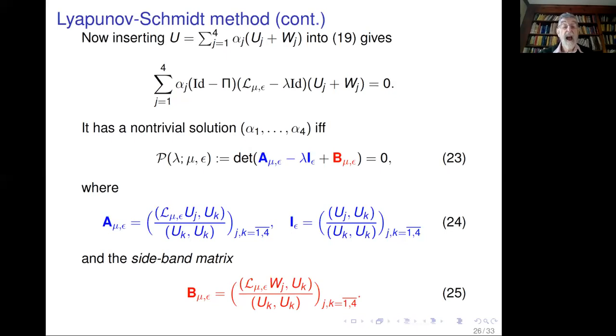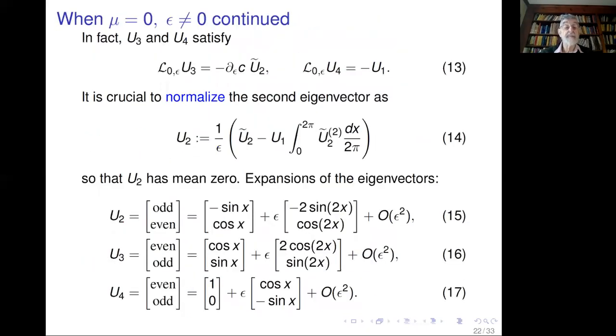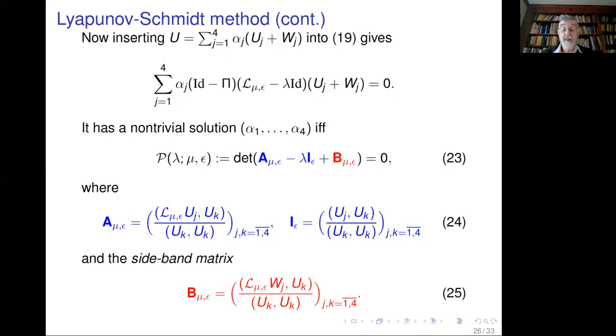Then we compute that determinant using the expansions at the bottom of this slide, the expansions in powers of epsilon. Let's first look at the part where we neglect the complicated so-called sideband part.